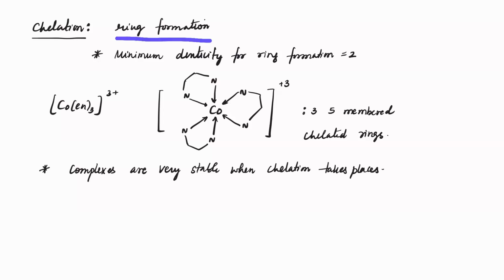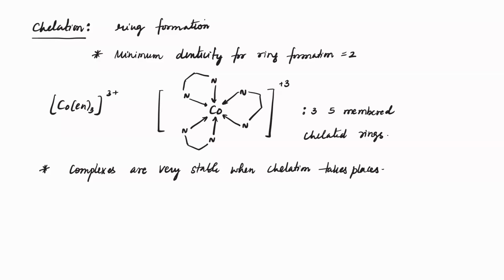And what is the importance? Because of the ring formation, now the metal is almost masked from any other external reagents. And because it is masked from external reagents, it's difficult for an external reagent to get a connection with the central metal. Hence, that complex remains more stable.